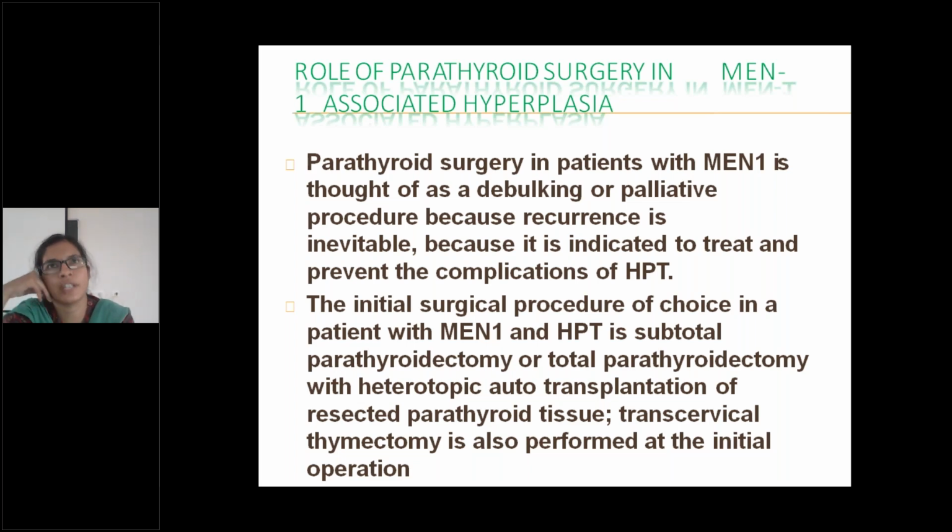If the patient initially comes to you with a pancreatic neoplasm, and later in a screening evaluation you find that the patient has hyperparathyroidism, you have to do surgery first for hyperparathyroidism, not for the pancreatic tumor. This is one most common MCQ question also. So first you have to correct the hyperparathyroidism, and only then pancreas surgery or any treatment for other endocrine neoplasms.